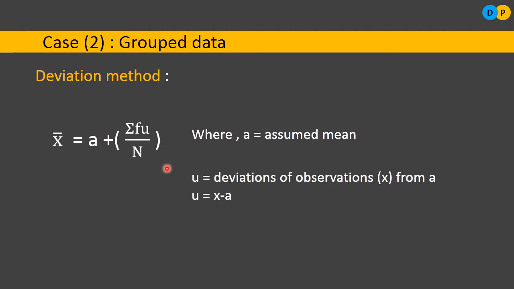When the x values are very big, quite large in magnitude, then we can go with the deviation method. At that moment we will first find A. After considering A, next we will find the u value. What is u? u is the deviation of observations x from A, nothing but u is equivalent to x minus A.